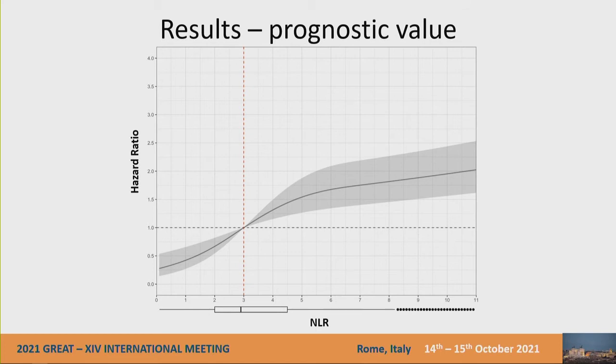And we can see that the relation between the neutrophil lymphocyte ratio and the outcome, which is 1-year mortality, is non-linear, and that it increases with the neutrophil lymphocyte ratio. That means there is higher 1-year mortality in patients presenting and having a higher neutrophil lymphocyte ratio.